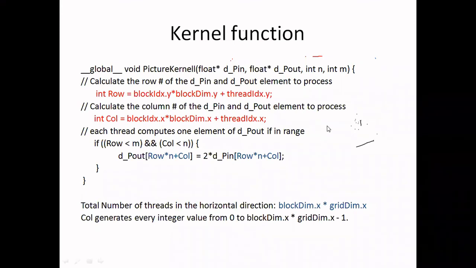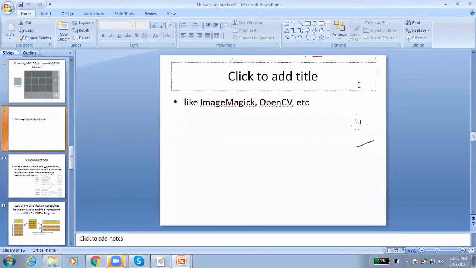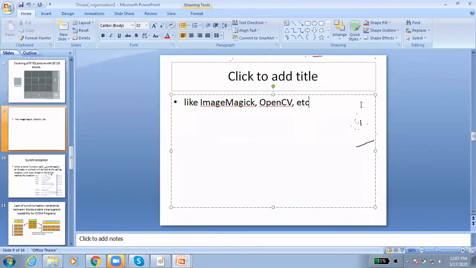If you want to convert into a grayscale image, you have to multiply red value by 0.21, plus green into 0.72, right?